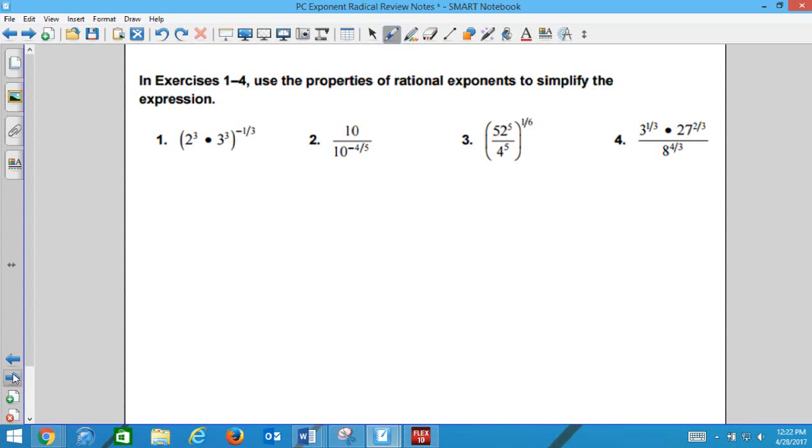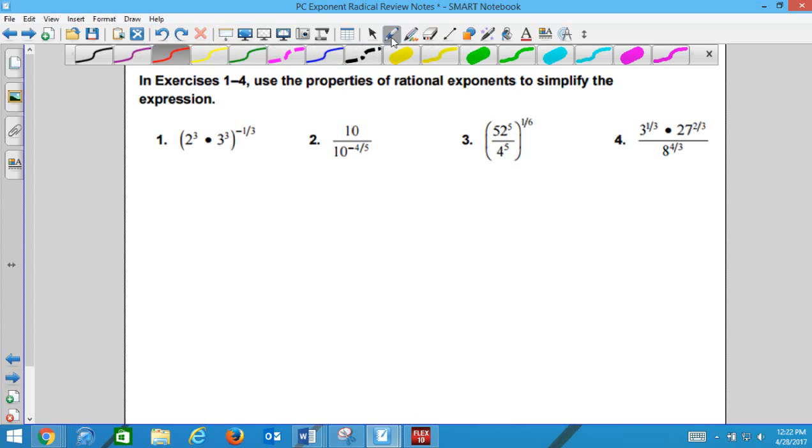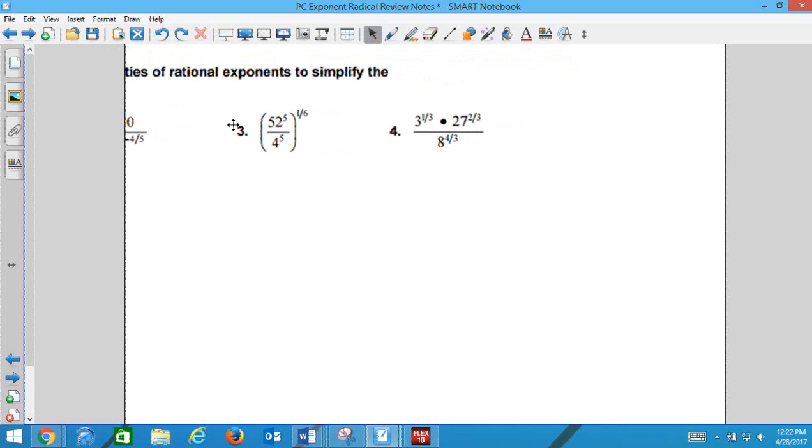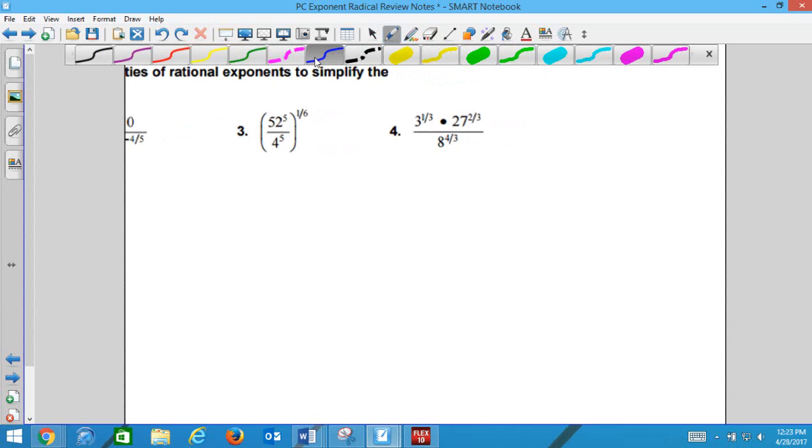Okay, for these, I definitely want to do a couple of these. Just a couple. Let's do number 3. Do you see how they're both to the 5th on the inside? So you can take that 5th out.